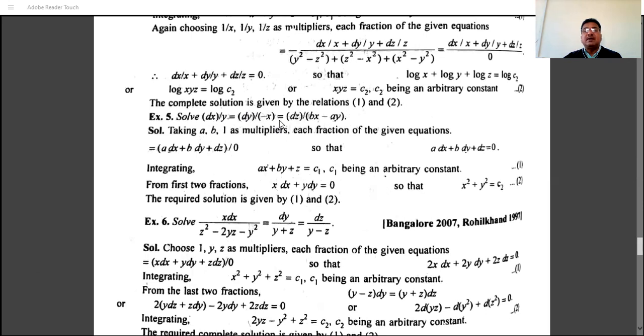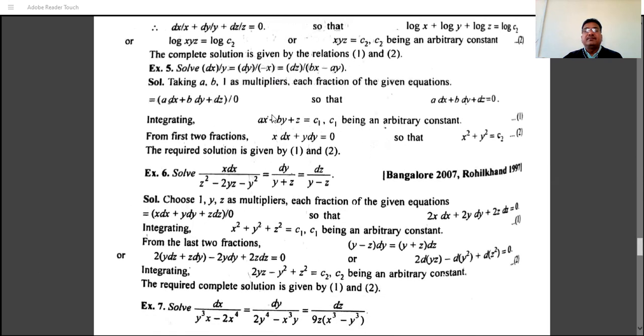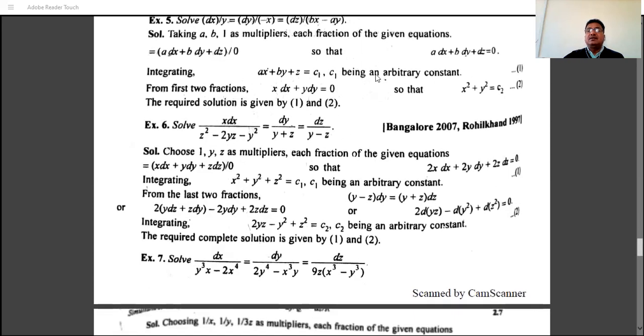dx divided by y, dy divided by minus x, dz divided by bx minus 7. So we have the denominator 0, and after integration we have the solution ax plus by plus z is equal to C1. Suppose this is number 1.